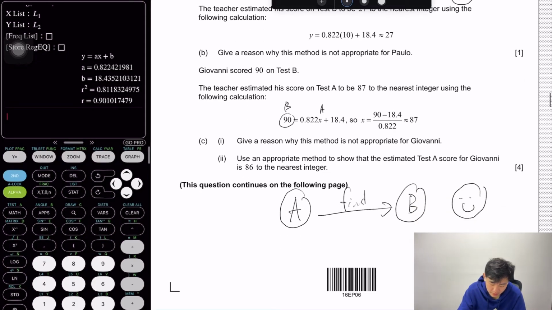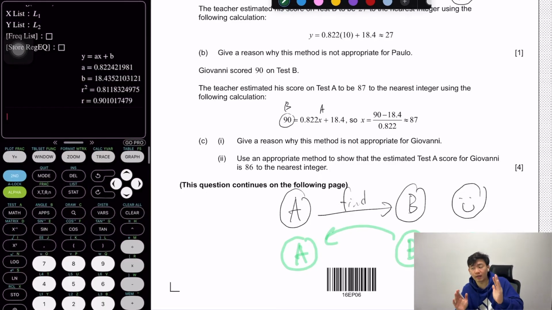But in this case, you use the same formula, but do it backward. You have the B here, but you're going backward to find the A. That one is not a good practice, because you're using the dependent variable to backward define what the independent variable is, which is slightly not okay.